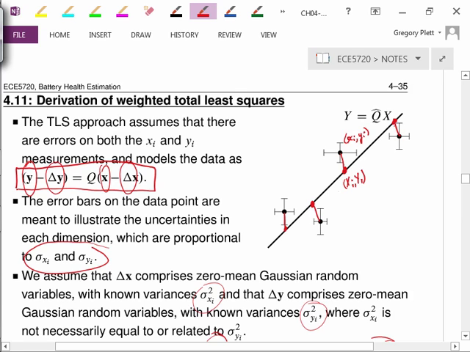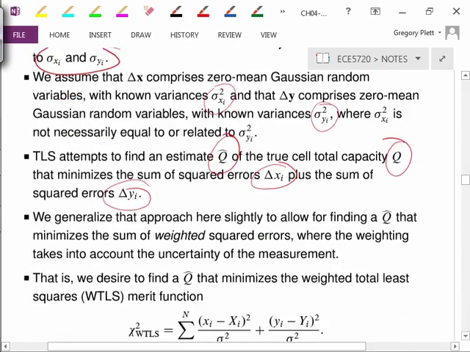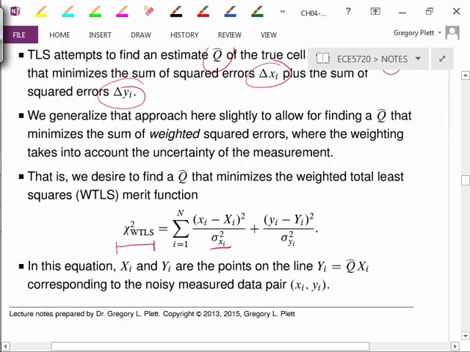So the optimization is going to create a way to map each measurement point to a line point that's consistent, and we'll try to minimize the squared weighted distances between little x and big X, and little y and big Y. We'll see how that works out in the math.